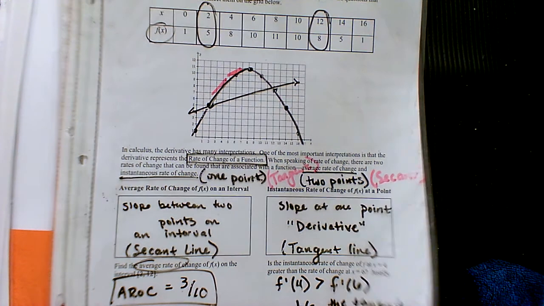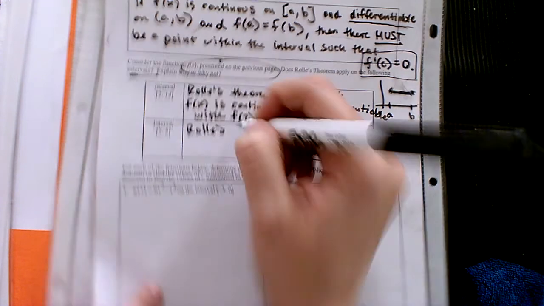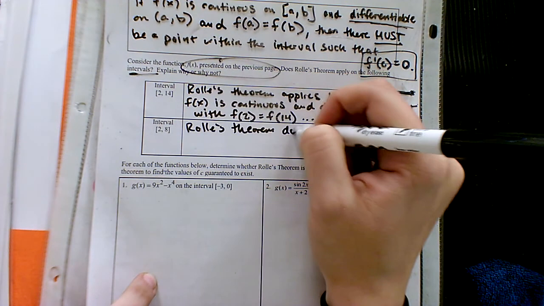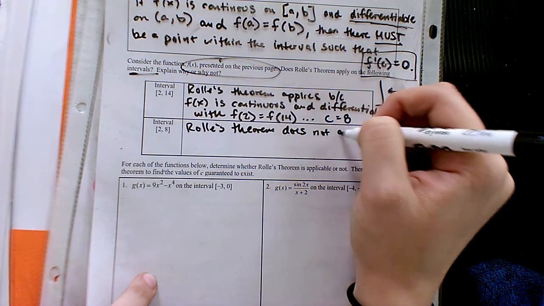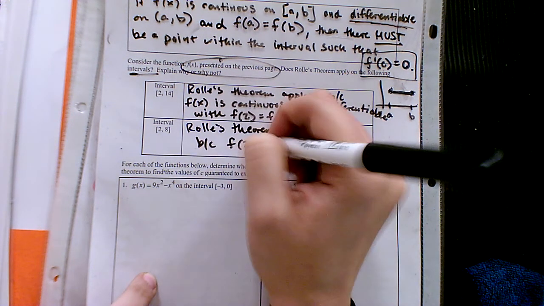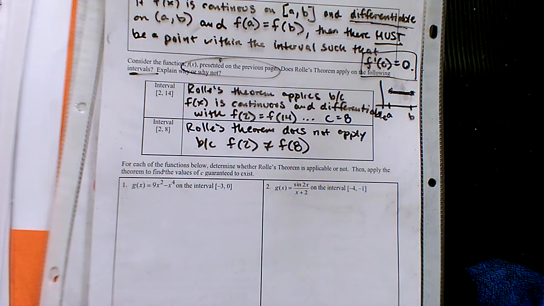So Rolle's theorem does not apply. Okay, so we'll say Rolle's theorem does not apply because f of 2 did not equal f of 8.